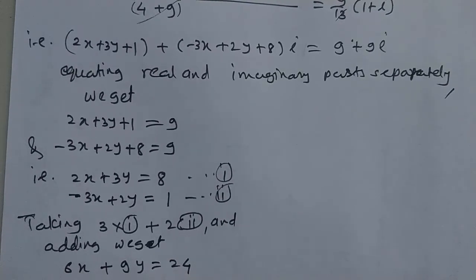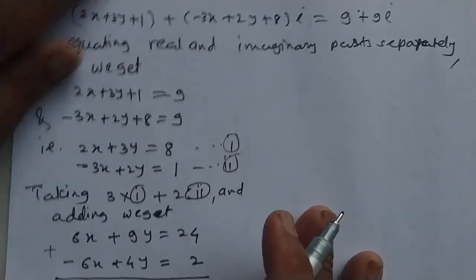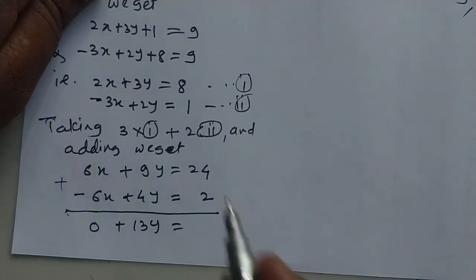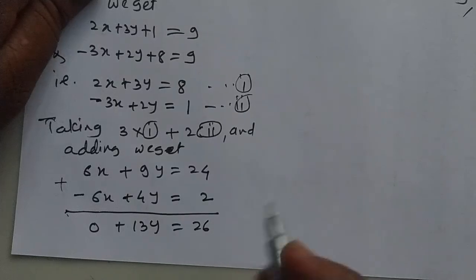So, adding we get, 6x minus 6x cancel. So, we get 0 plus 9y plus 4y, it is 13y, 24 plus 2 becomes 26.